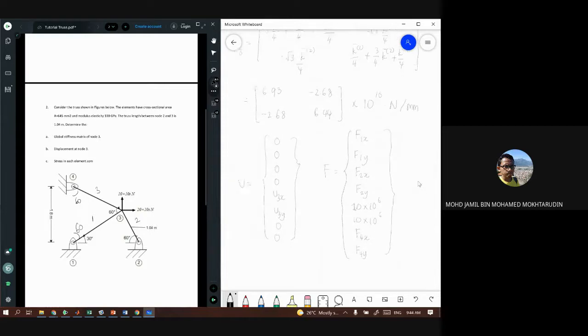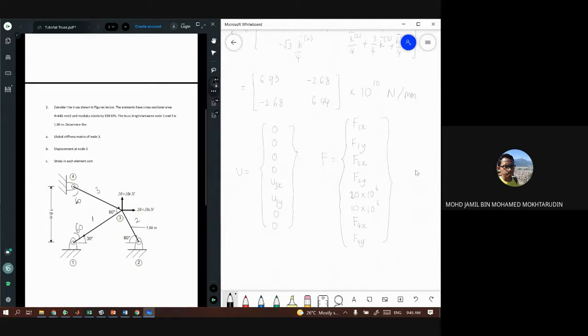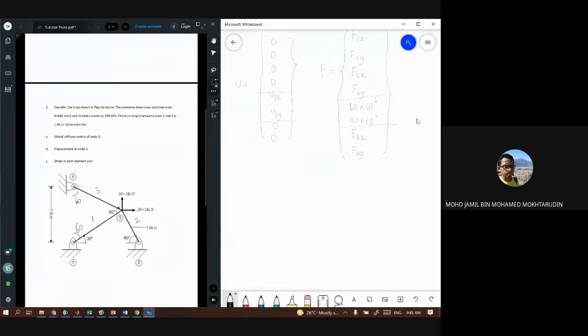Okay, so the question asks you to find the displacement at node number 3. So you just take this value and multiply with the global stiffness matrix of node number 3.